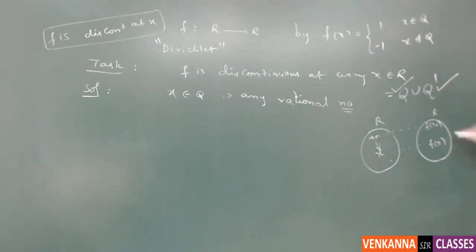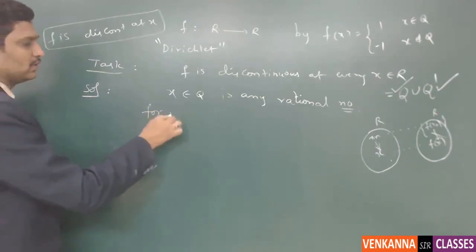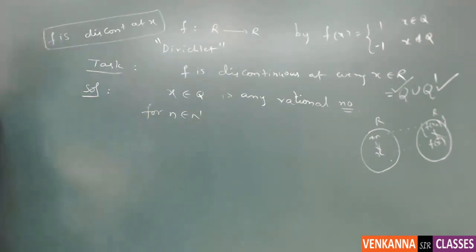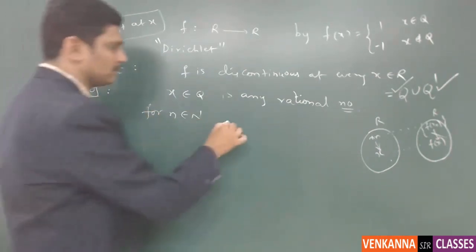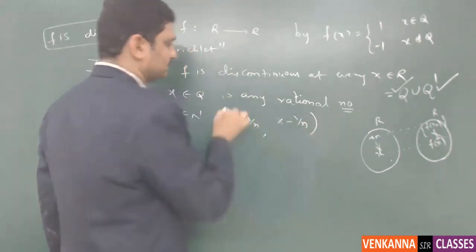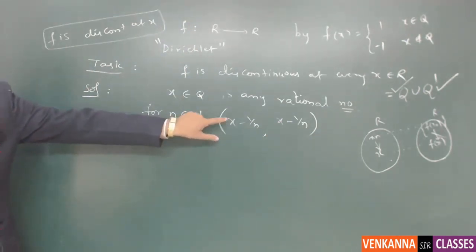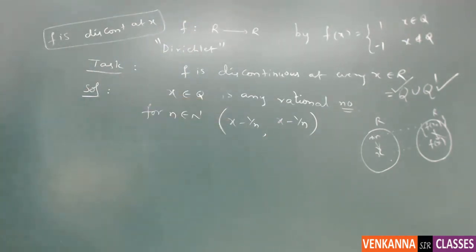So I should prove that f of xn is not converging to f of x. That I should prove. So if you take any natural number between these, you can have so many rational numbers and irrational numbers. Accepted?